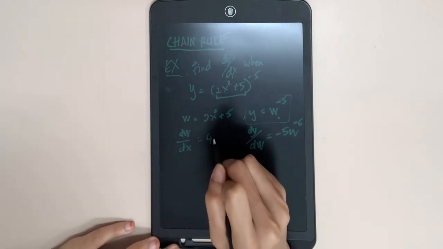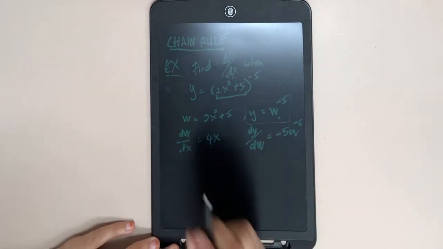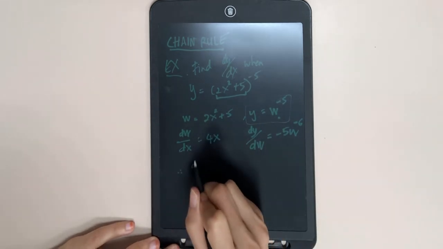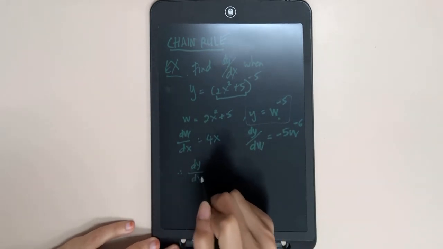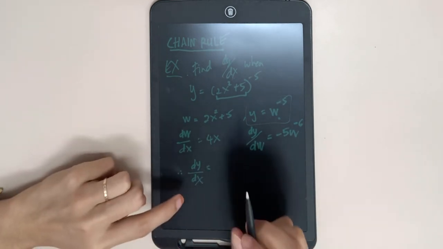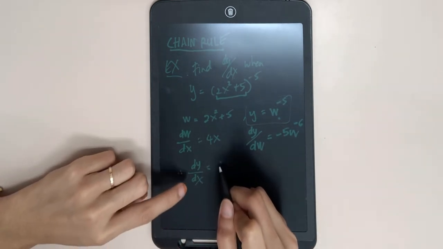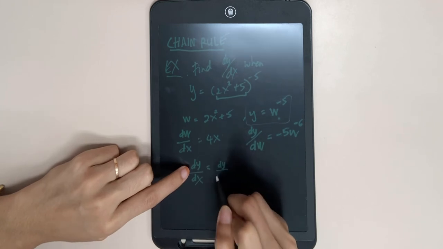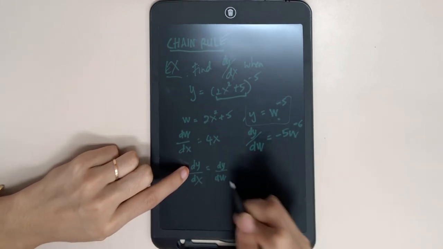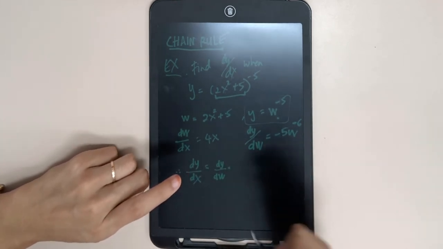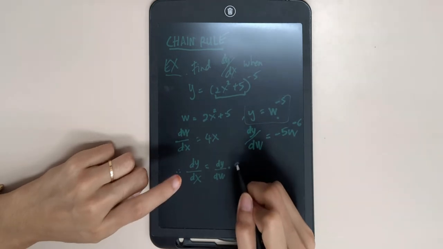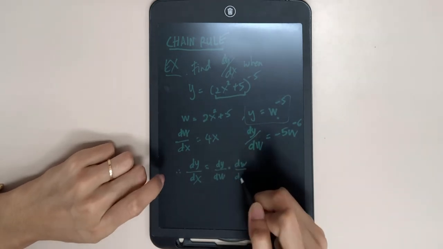So you have 4x. Okay, because the question asks you to find dy/dx, right? So the formula here is dy/dw multiplied by dw/dx.